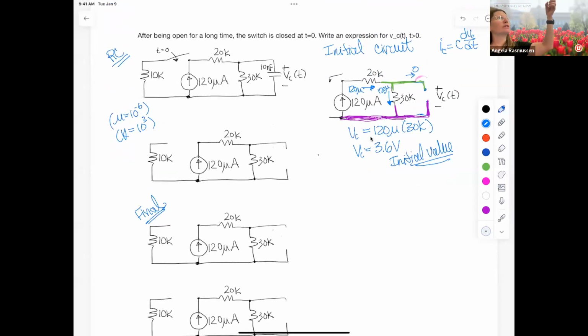So in this case, what is the switch doing at the final position? It will be closed, so it will be a short here. And what happens with the capacitor after it's sat again for a long time in a closed position? It will still be an open again. So we just leave this open still.